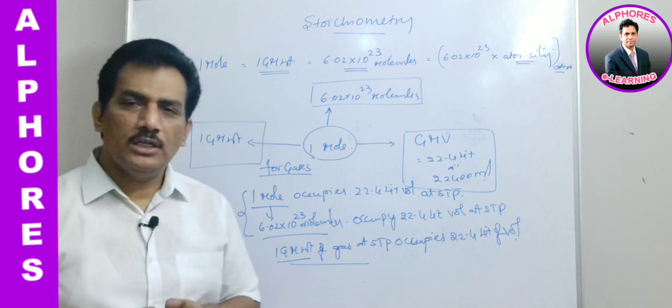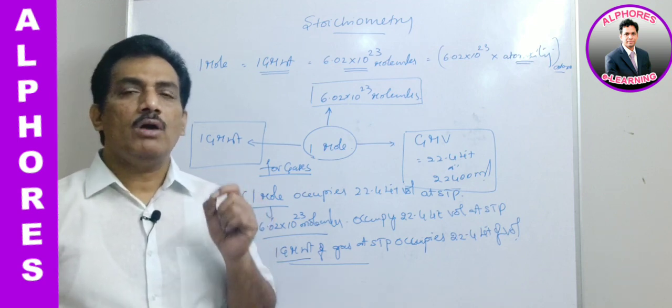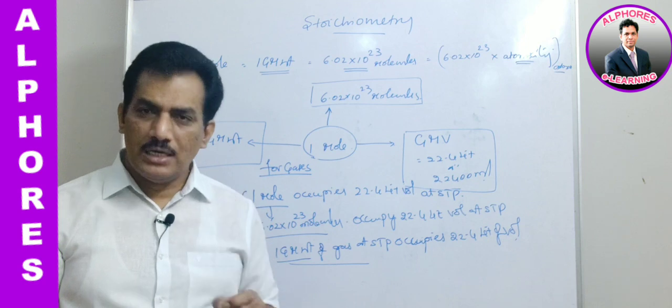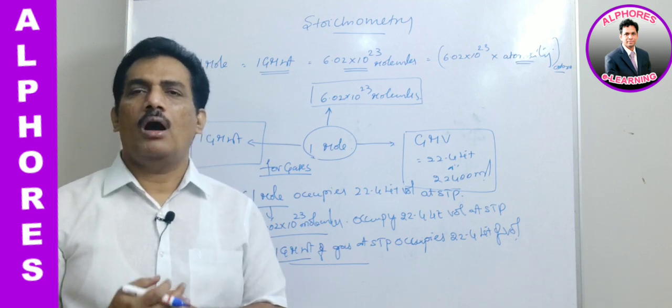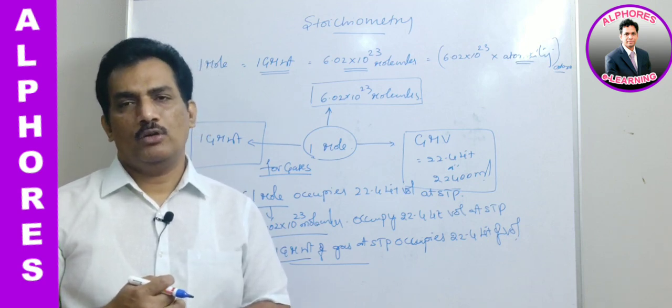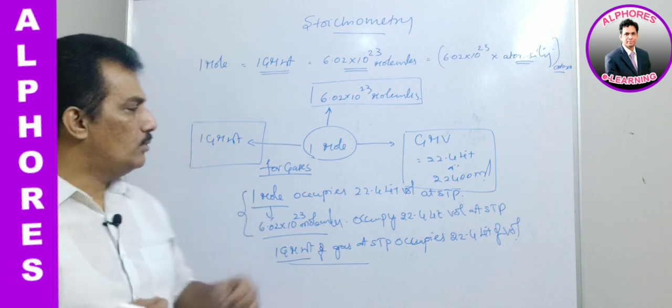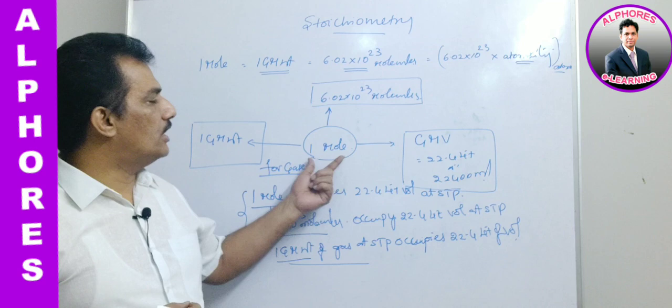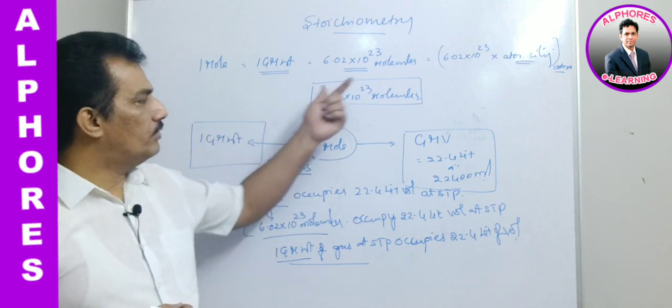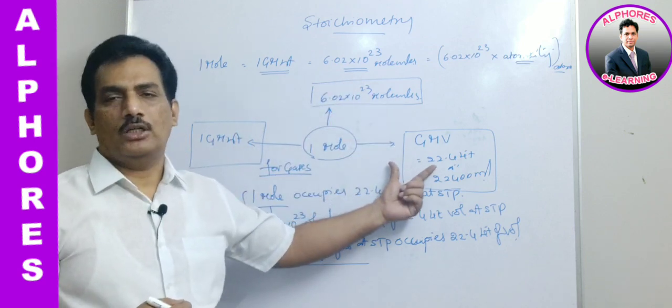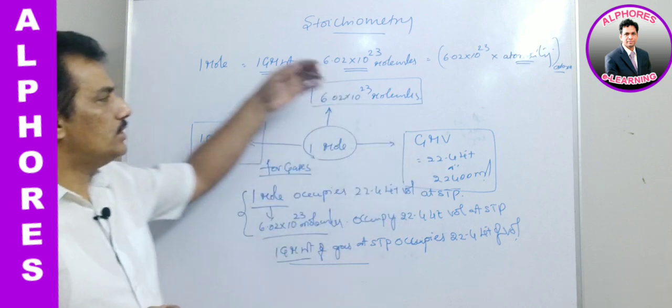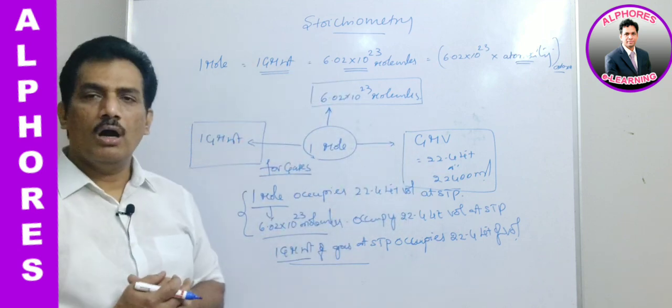So with these two relations we can conclude that Avogadro number of molecules of any gas at STP occupy 22.4 liters of volume. Like that, the mole has a relation with weight, with molecules, with volume. Clear? This is gram molar volume.